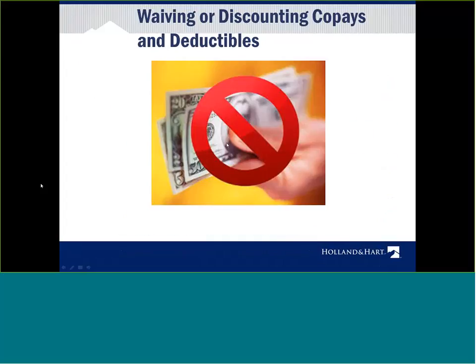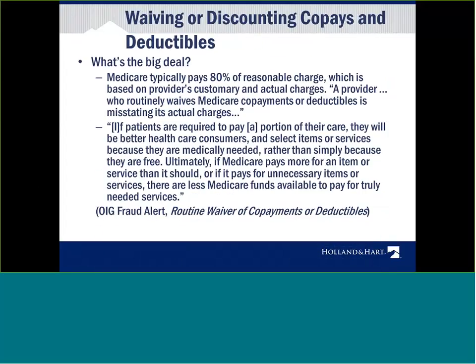Going into the next, it's not just the provision of a free item or service or a discounted item or service, but it may also come into play where you have instances where you're considering waiving or discounting copays or deductibles. This is the reason from the federal perspective that this is an issue: the providers, in what they are ultimately getting from Medicare, usually is set in relation to their usual and customary or customary and actual charges.